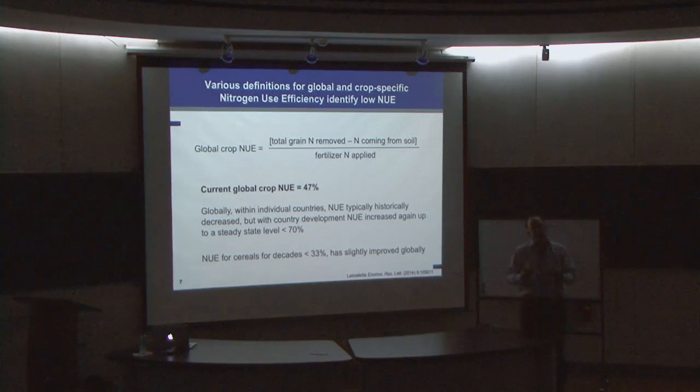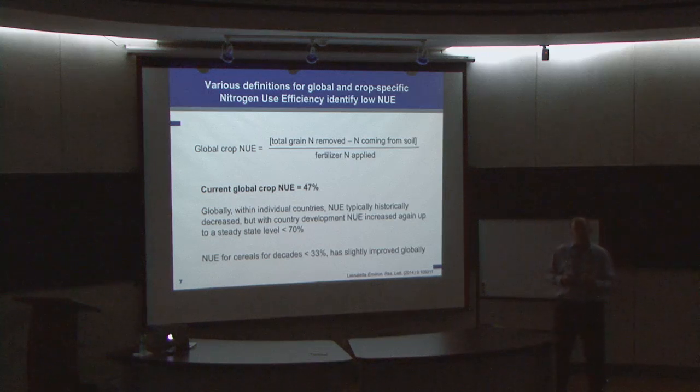Then they go into a stage where they are wasting a lot and they are getting quite inefficient, and at higher developmental level of the country, typically the nitrogen use efficiency again is higher, it's better. But typically this levels up and we never get to nitrogen use efficiency of 100%.